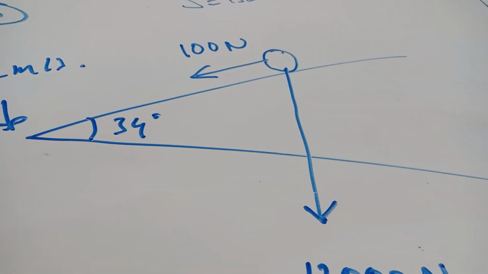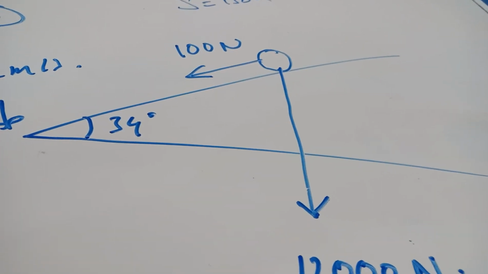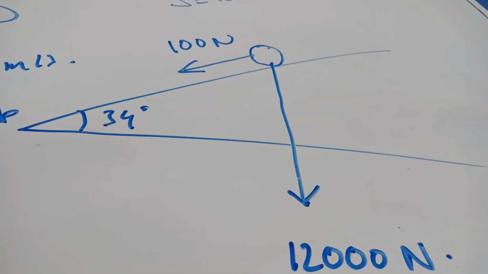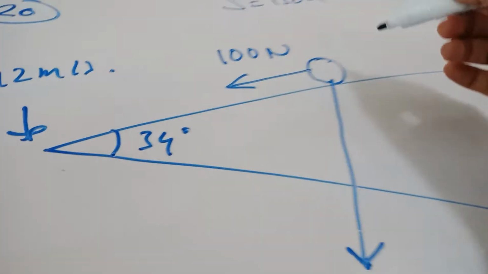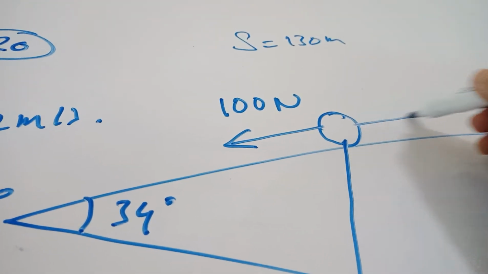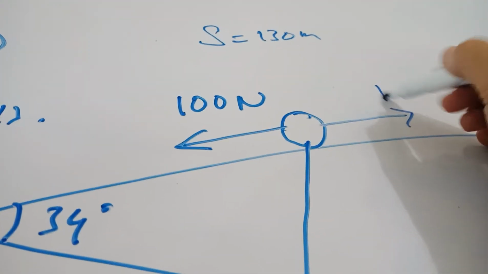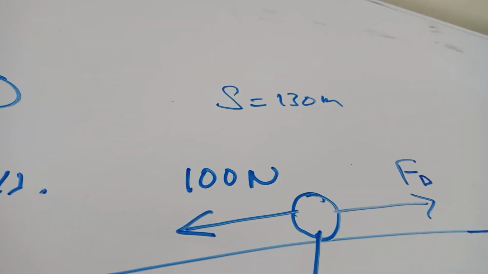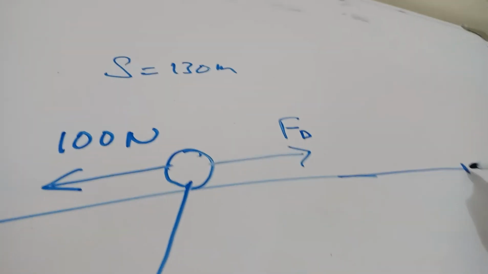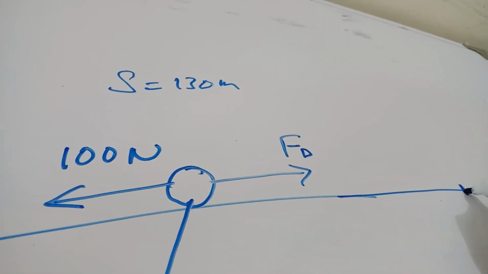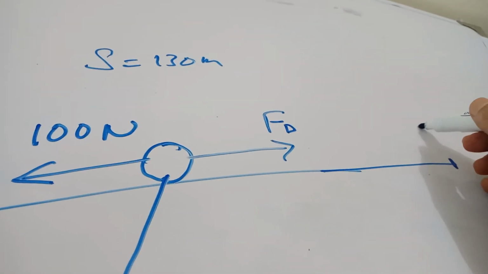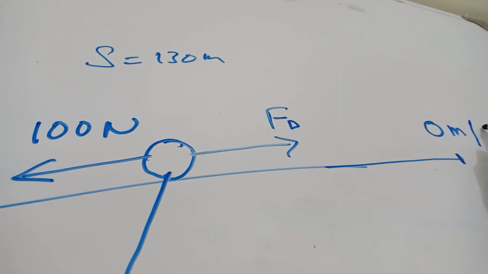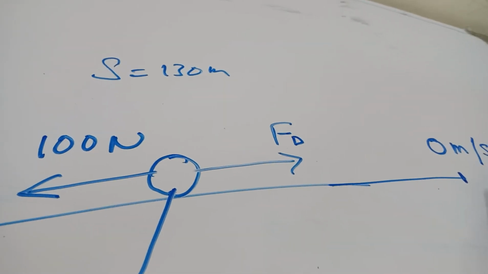And then it says find the minimum force, assumed constant, the engine must provide for the car to reach the top of the slope. So let me assume this is the driving force. Since he's asking for the minimum force required, we're going to assume that it just reaches the top of this steep section of the road.